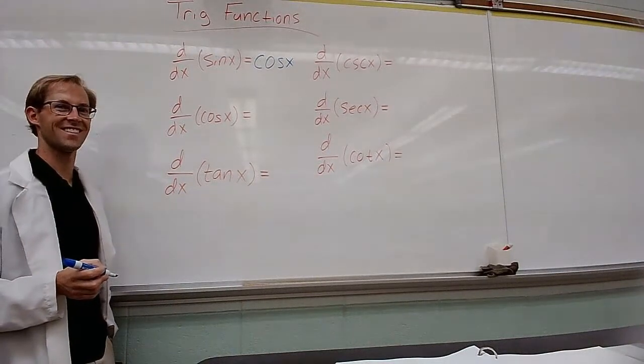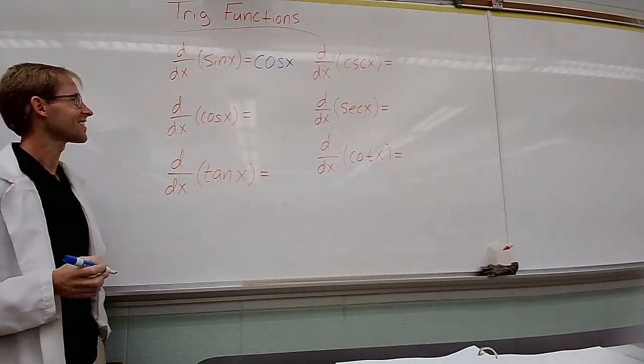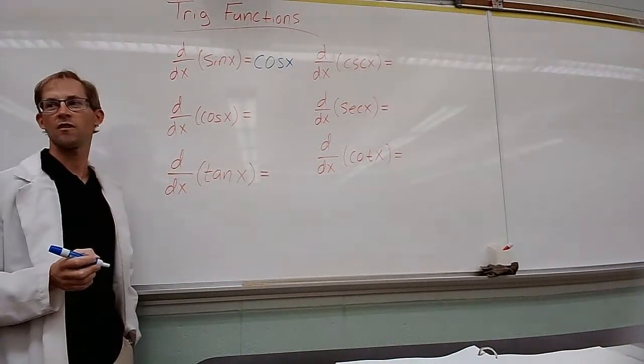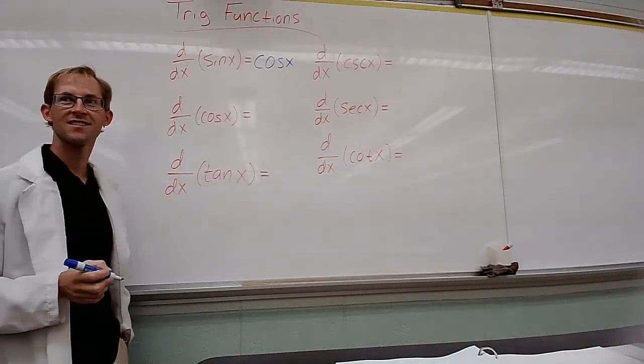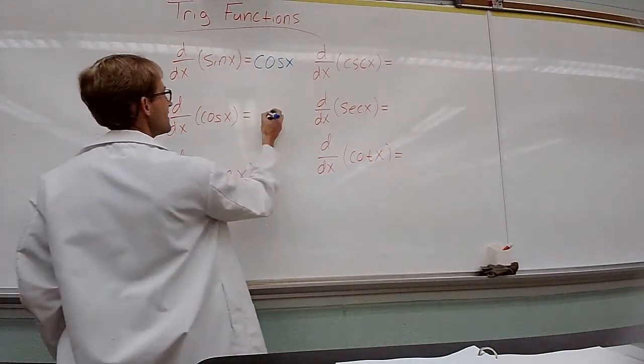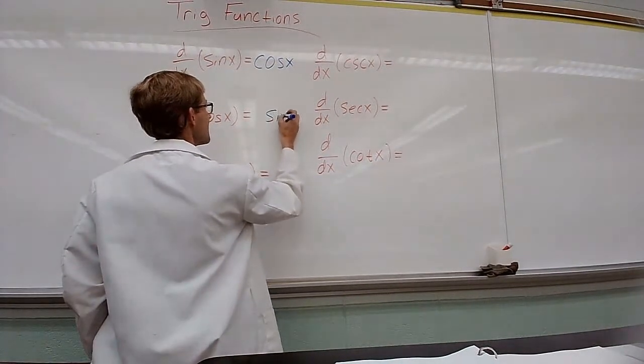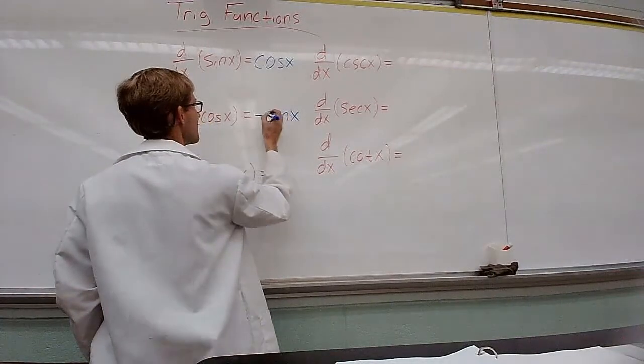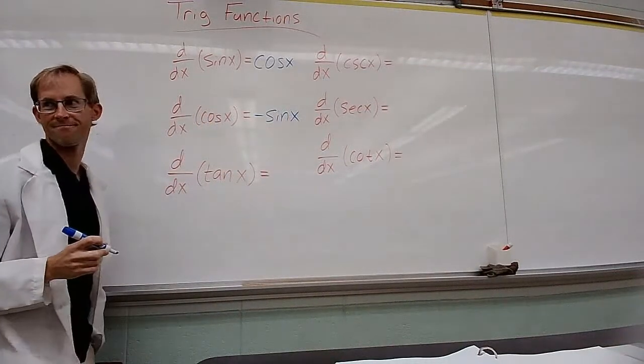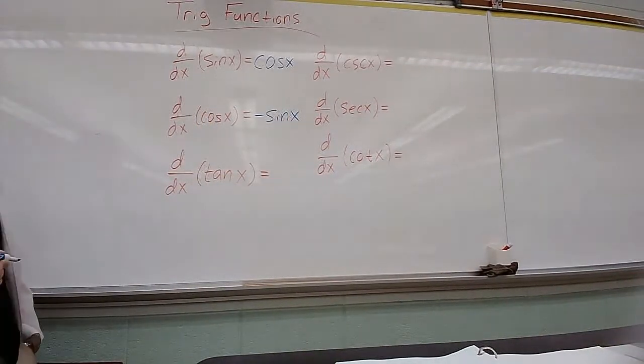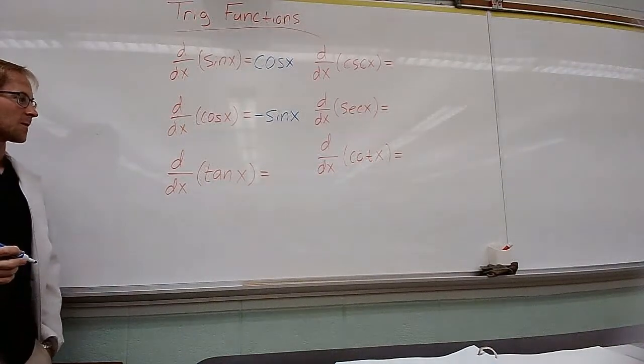She gets it. What do you suppose the derivative of cosine is? Sine. The answer is sine, but it's negative. That makes sense. No, that's not making any sense. Why does that make sense?